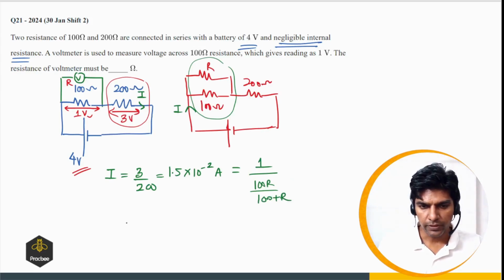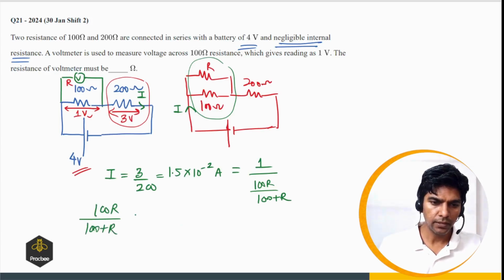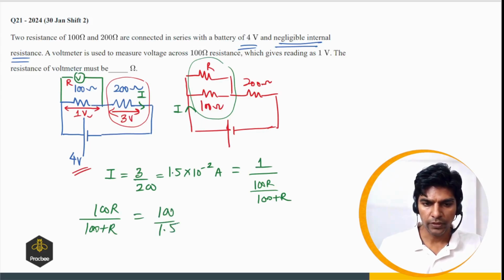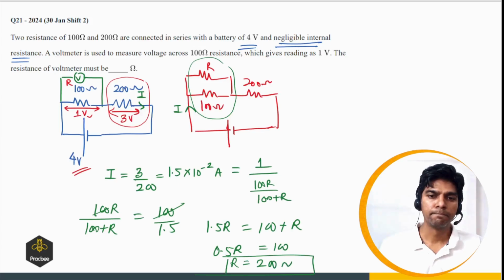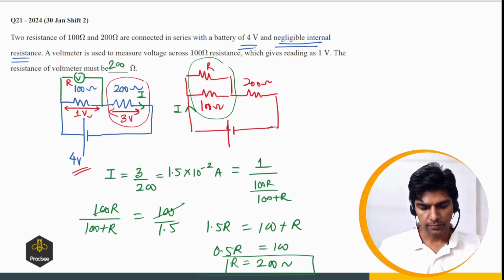Okay, so let us simplify this. So 100 R upon 100 plus R is equal to 100 by 1.5. So this 100 will get cancelled out. So 1.5 R is equal to 100 plus R, which will be 0.5 R equals 100. So R comes out to be 200 ohms, right? So 200 is the answer.